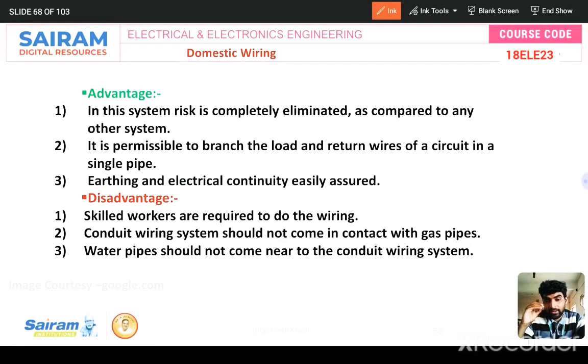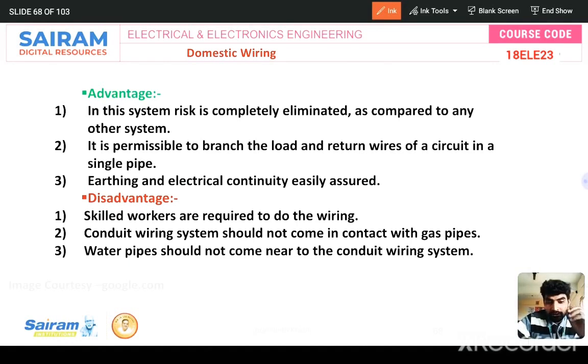Also, compared to surface conduit, in concealed conduit wiring the earthing of the electricity conduit can easily be done, but in open conduit, if earthing is improper and you touch the equipment, you may get a shock, right?